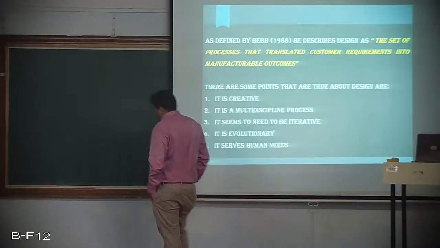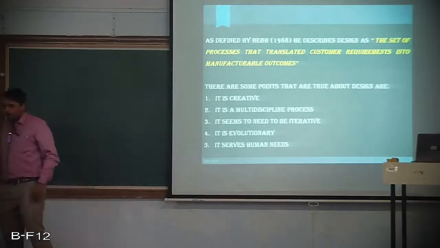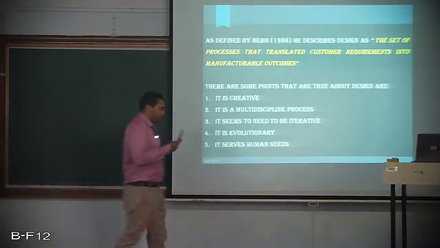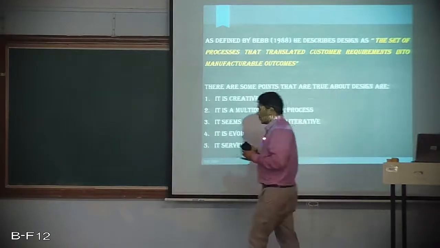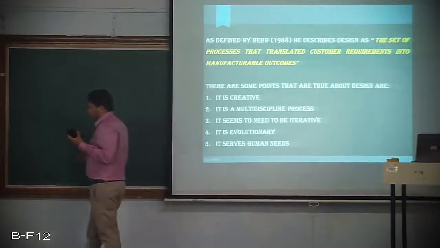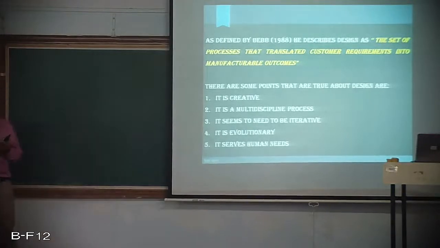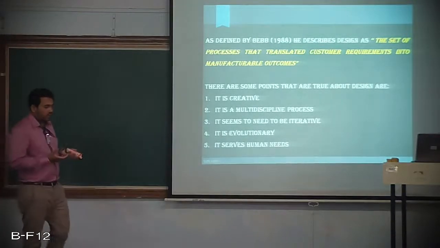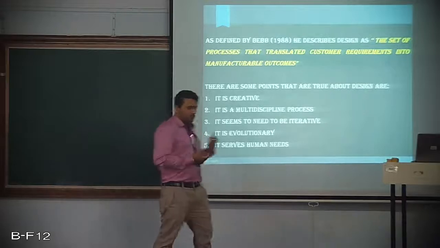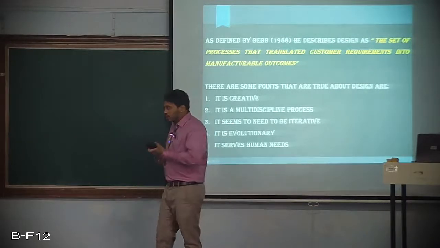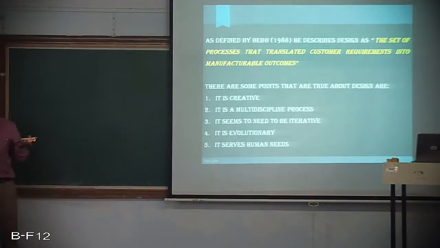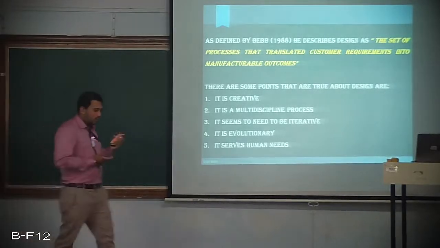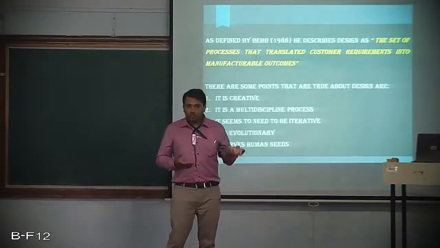So if I want to produce this cell phone, there must be a market survey, and there have to be customer requirements. Only once you satisfy the customer requirements is the customer going to buy this. I know what the customer requirement is for a particular cell phone, and I want to satisfy it by producing this part, but I can't produce this part in one process or two processes, or in one step or two steps.